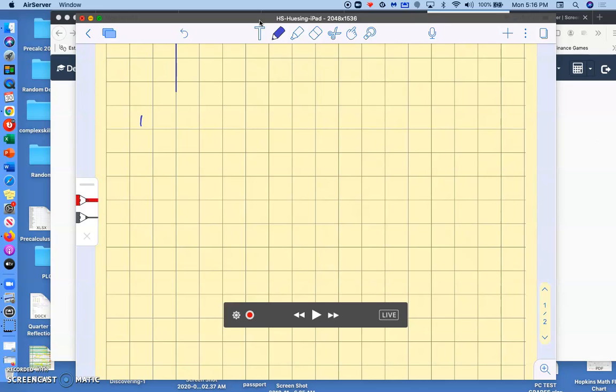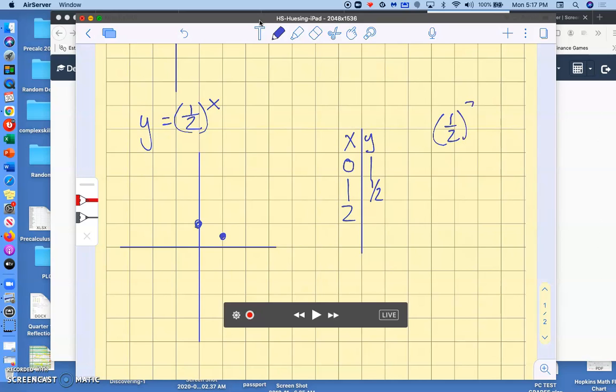So let's say we wanted to graph y equals 1/2 to the x power. Again, we have an xy table. When x is 0, anything to the 0 power is 1. When x is 1, 1/2 to the first is just half. Let's say we have 2, so 1/2 squared.